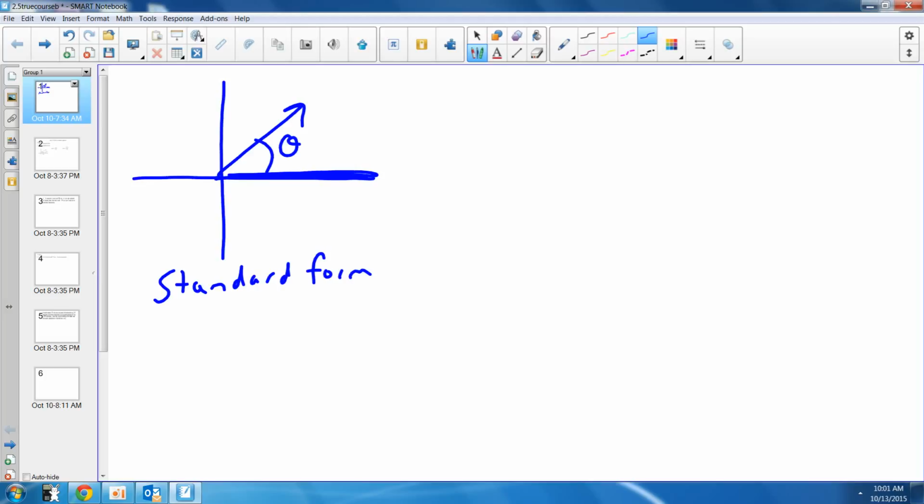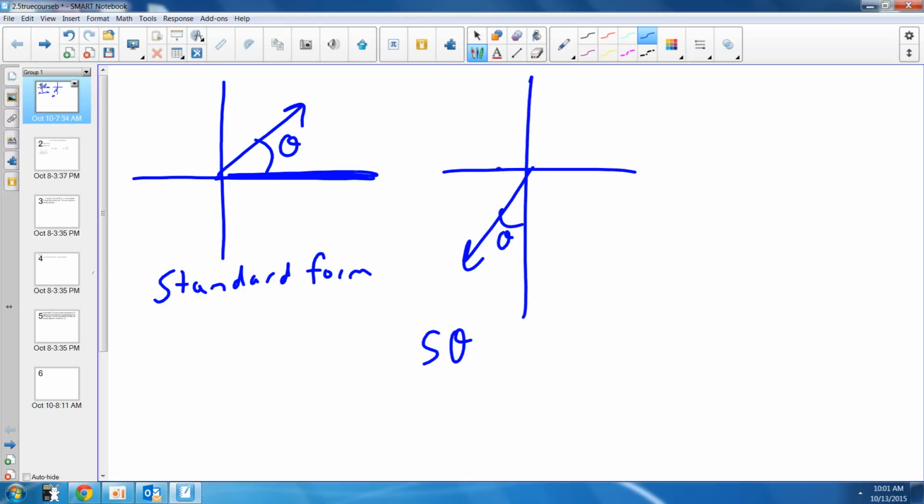The second way we thought about this is with bearing, and with the bearing we were focusing on the north-south line, and we had a form that was north-south, your angle, and then east-west. Then we went into something off of due north. So from due north, we may have something like 100 degrees.